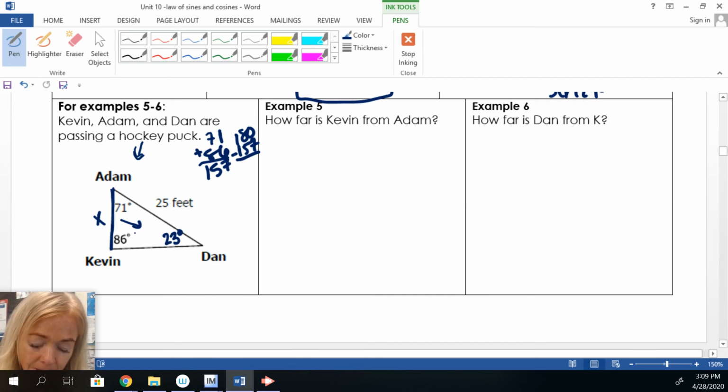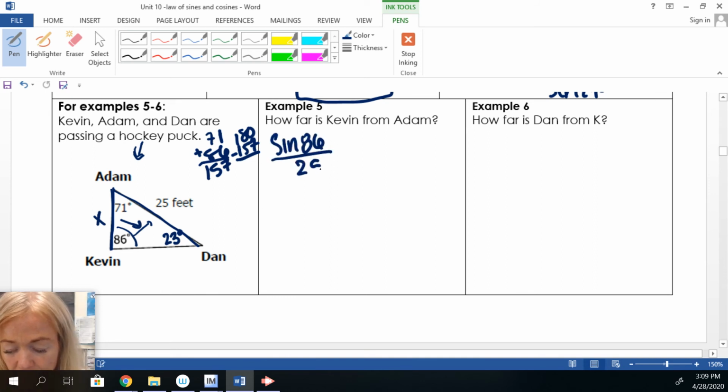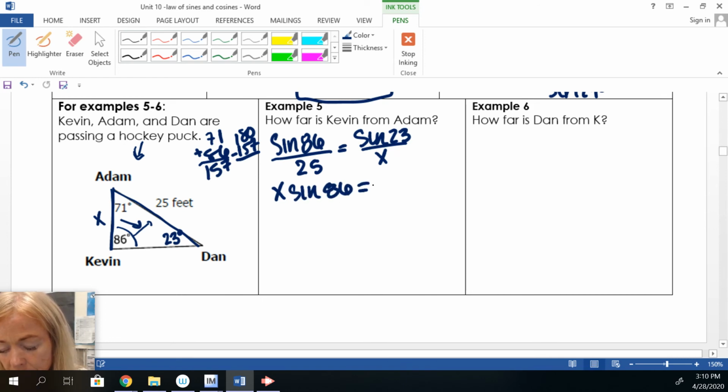Now this angle 86 and 25 is my complete ratio, so we're going to use that. Sine 86 divided by 25 is going to equal the sine of our 23, just found angle, which is across from x, so over x. X times the sine of 86 is equal to 25 times the sine of 23 when you cross multiply, and then solve by dividing by sine of 86.